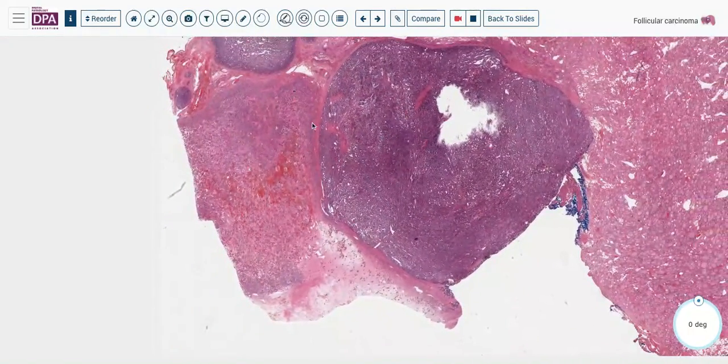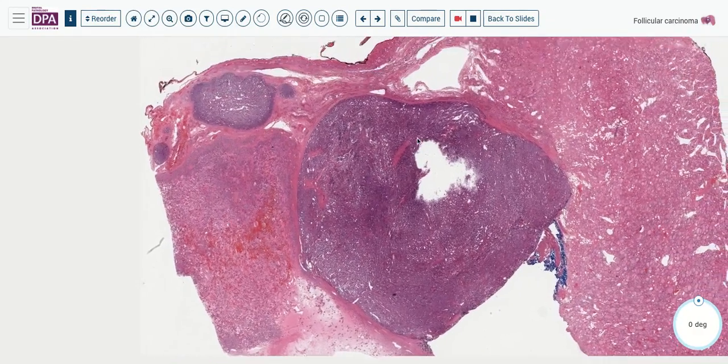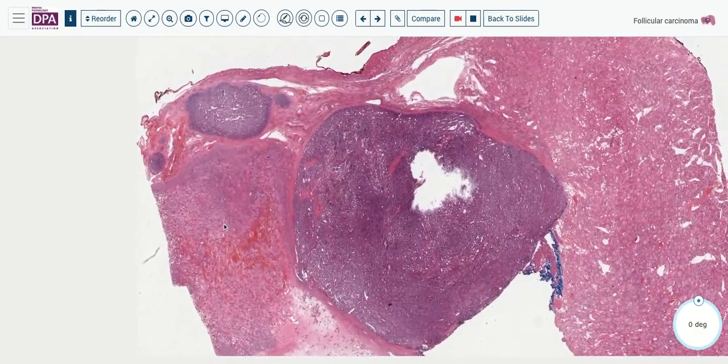So whether this arose from this can't be determined per se, but it's not uncommon for some of the early molecular changes, KRAS mutations specifically, to be seen in these follicular adenomas, and then to be carried over into the follicular carcinoma component.